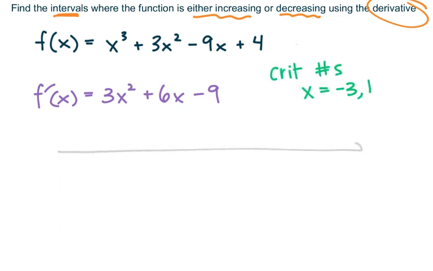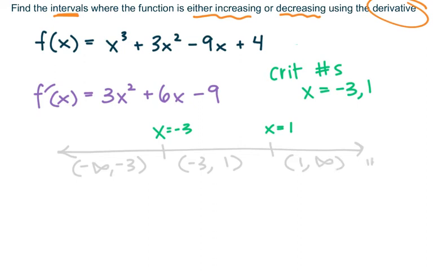What that means is I'm going to take x equals negative 3 and x equals 1 and plot them here on my number line. Now, when I do that, I've broken this into several intervals. My intervals would be negative infinity to negative 3, negative 3 to positive 1, and 1 to infinity.